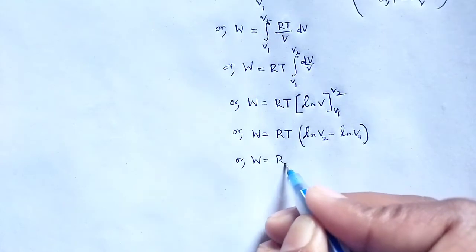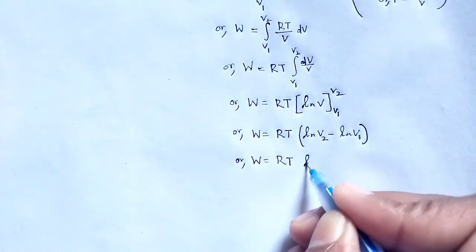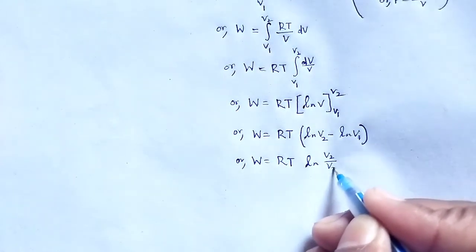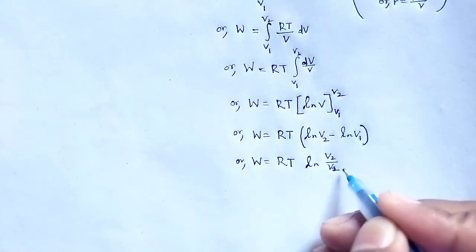W is equal to RT (ln A minus ln B), that is ln A by B, sorry, V2 by V1.